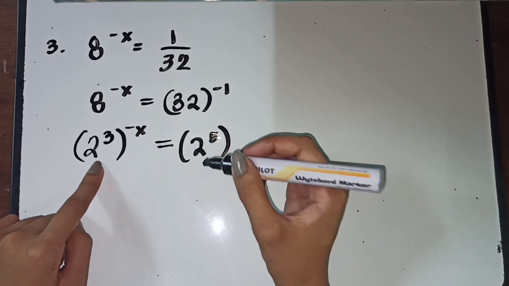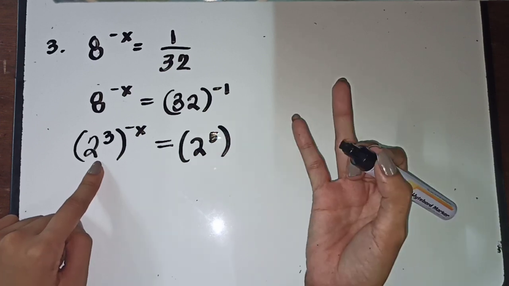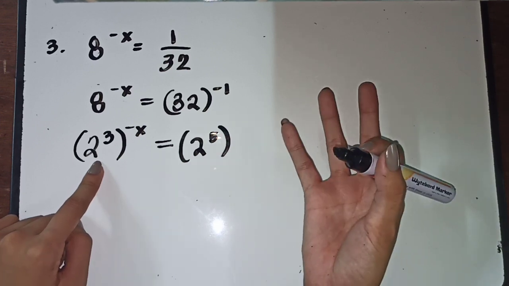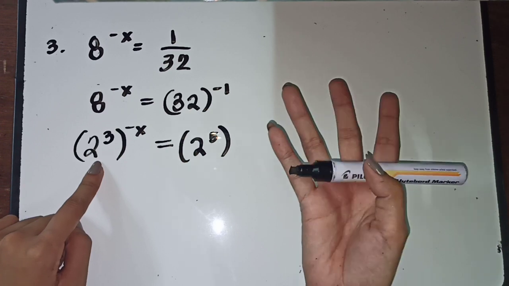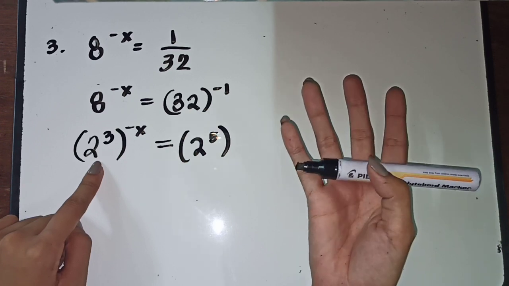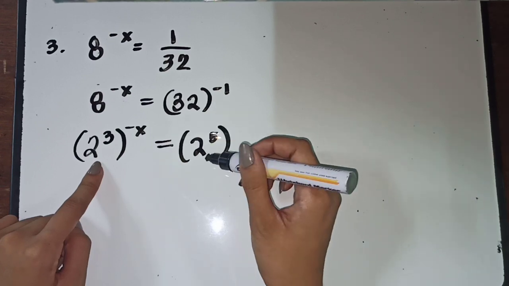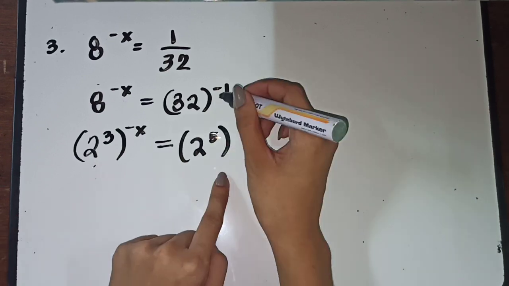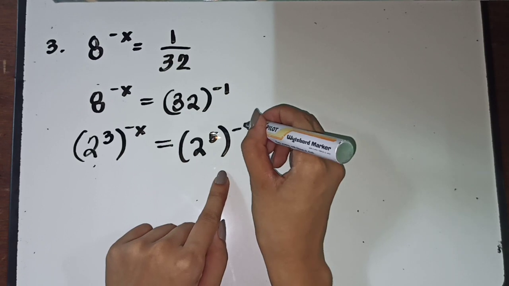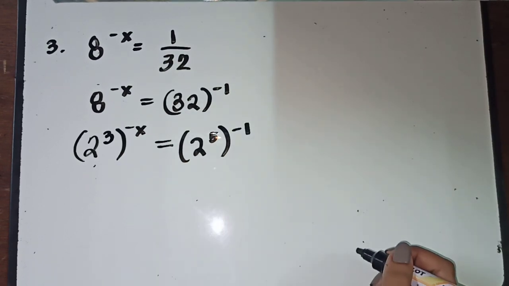So, why? 2 multiplied by 2 is 4, multiplied by 2 is 8, times 2 is 16, and times 2 is 32. So, this 32 is also equal to 2 raised to 5. Then, this is raised to negative 1. Okay?